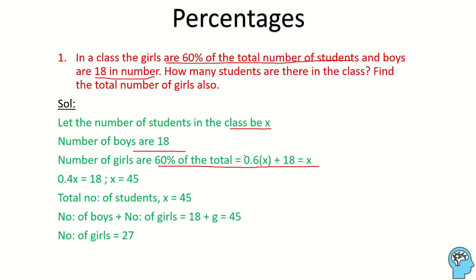So 60% of the total number will be 0.6x, plus 18 number of boys, and that will be the total of x, that is, the total number of students.